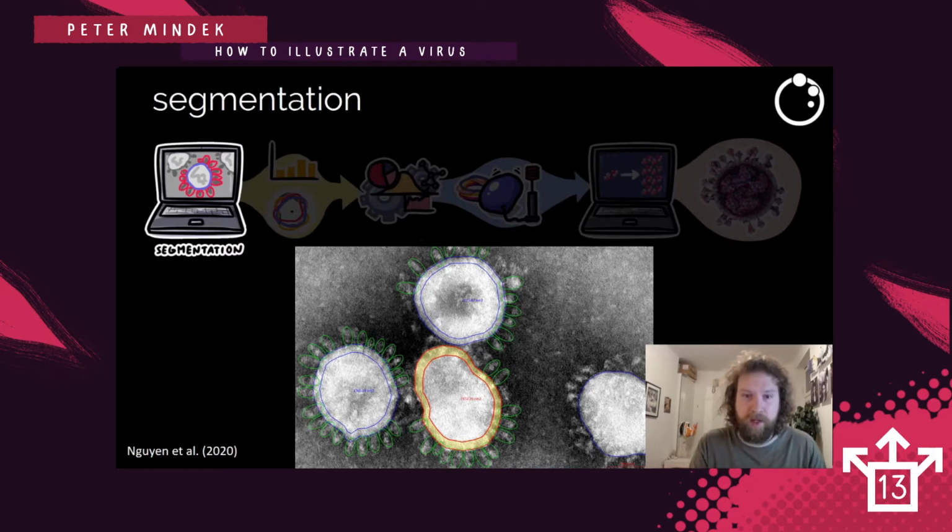In this picture, we have to segment the shapes, so we outline them so that the system can learn what the representative shapes of these viruses are. We also mark the proteins that project from the outside of the membrane, so that the system can learn how they are distributed on the membranes in a typical case.